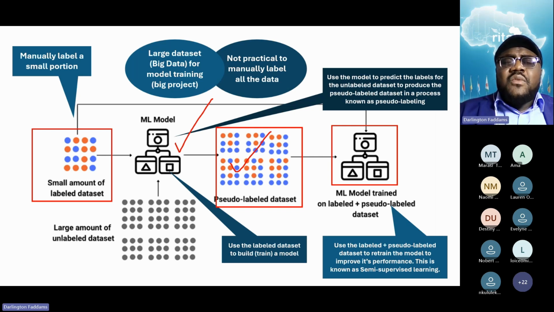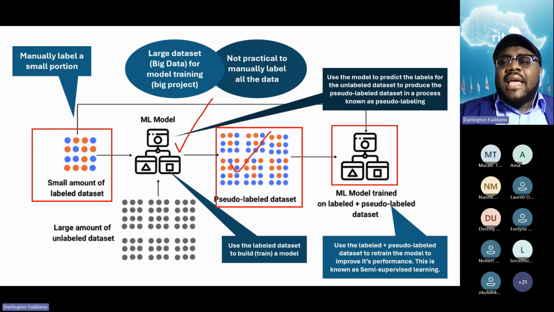Okay, so after we get numerous answers, and most of the answers are correct, we combine the artificial answers or the pseudo answers with the correct answers, and we now have a large data set that is now labeled.